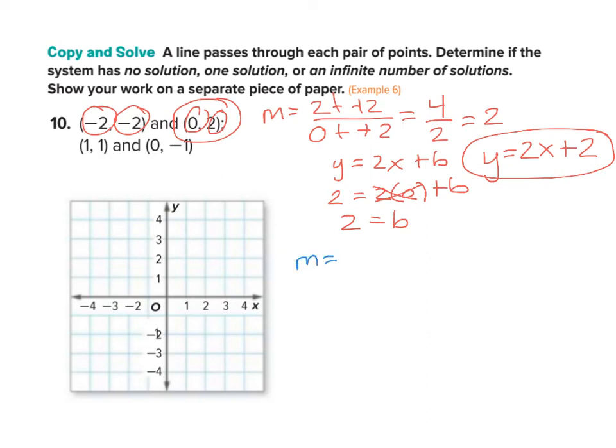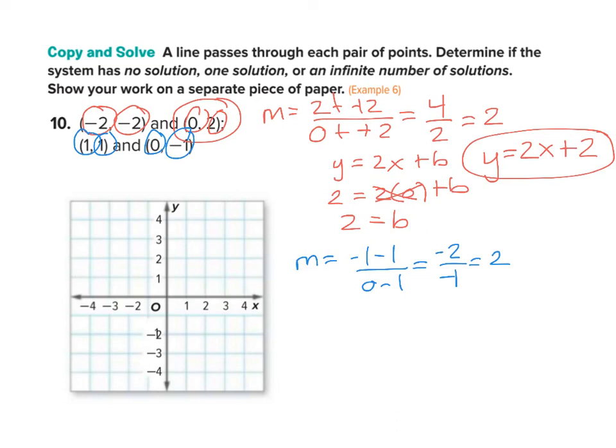M equals y2 minus y1 over x2 minus x1. Negative 1 minus 1 is negative 2, and then 0 minus 1 is negative 1. So negative 2 over negative 1 is just positive 2.